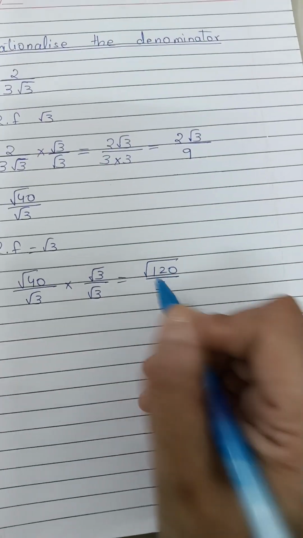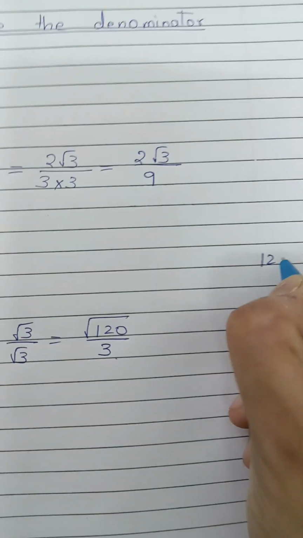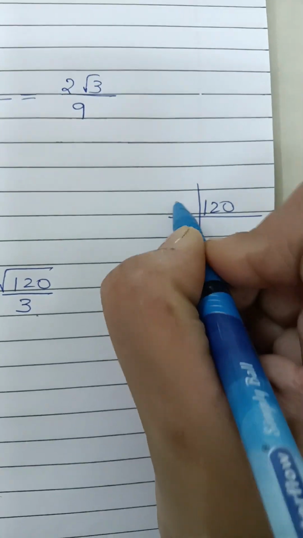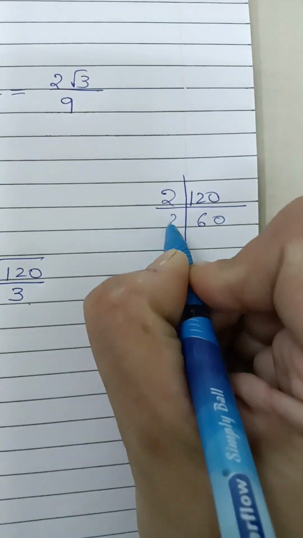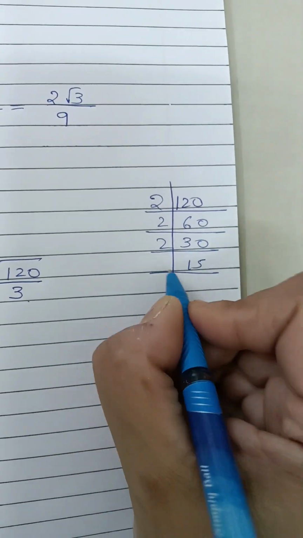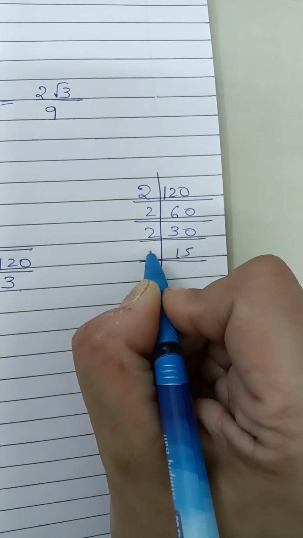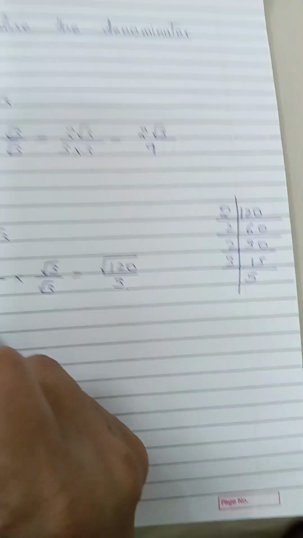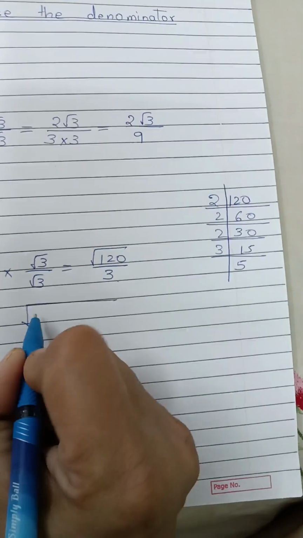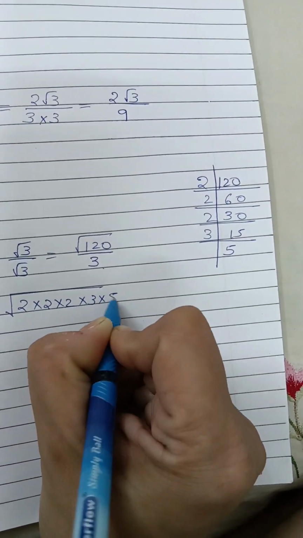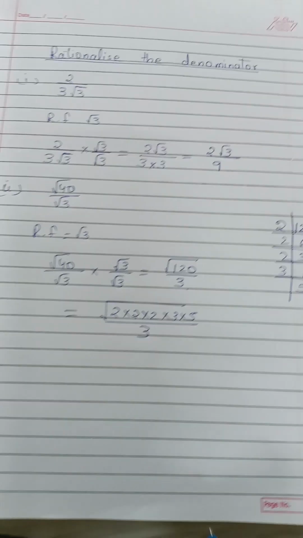Now further we can resolve this 120. We can find the prime factors of 120. So how to find the prime factors? You know this technique. See, this is called the prime factorization method. So finally what I have is root 120 as 2 into 2 into 2 into 3 into 5, and the denominator is a rational number which is 3.